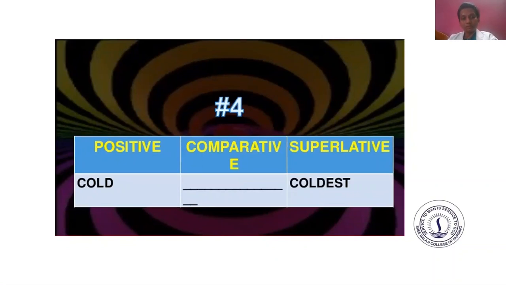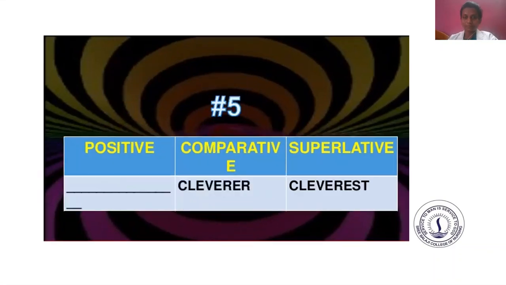Cold, comparative form: colder, superlative form: coldest. And comparative form, it is added with -er, so cleverer. And superlative form is added with -est, so cleverest. So the positive form is clever.